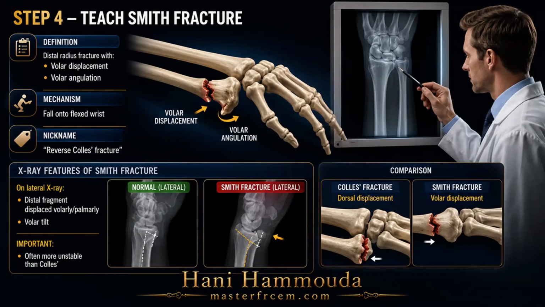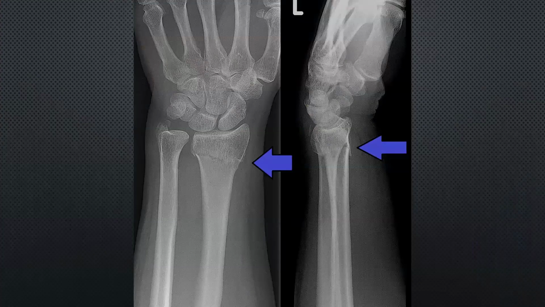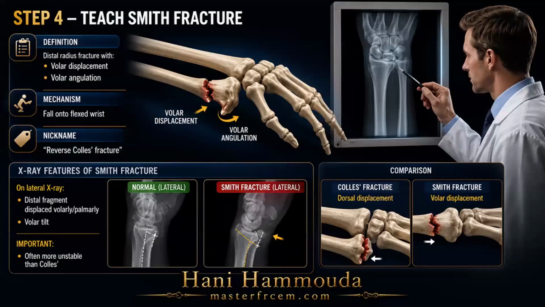It is also called reverse Colles fracture. There are three types of Smith fractures: 1, 2, and 3. Type 1 can be reduced by closed reduction, but types 2 and 3 need orthopedics follow-up, and we need to involve them.